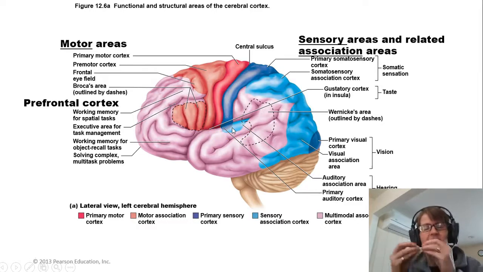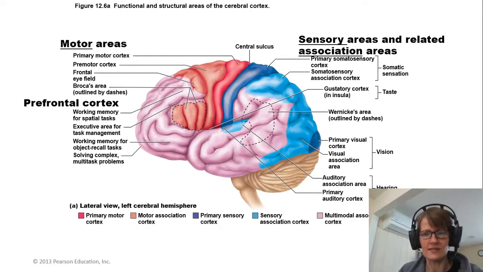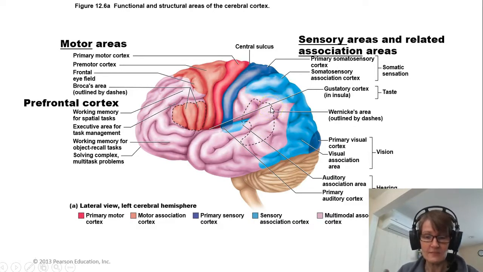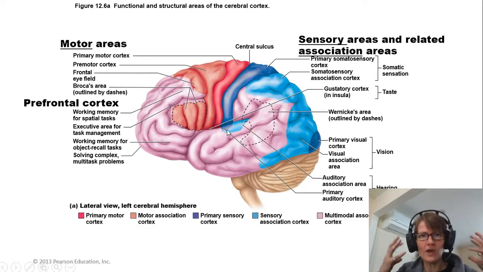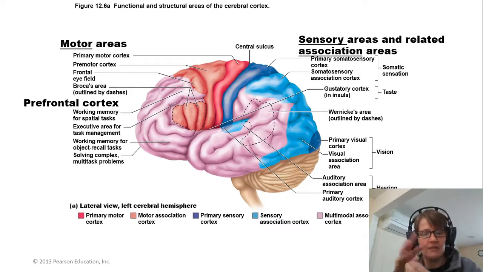But to make sense of those words or to make sense of those sounds, we will do that in this Wernicke's area here. We also have an association area for hearing, and that's just posterior to the primary auditory cortex. So for hearing and for speech, we have lots of different areas to make sense of it.